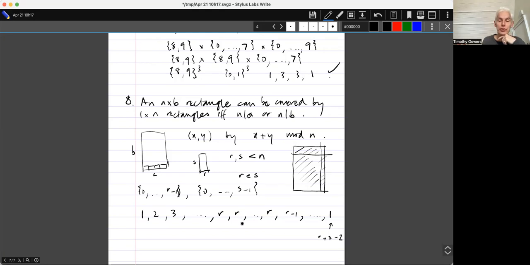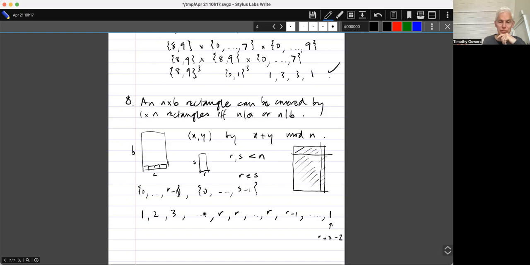And when we reduce mod n, we're going to take a chunk of this sequence and add it to an earlier chunk. The only way that we're going to get a constant function is if r minus 1 down to 1 lines up with 1 up to r minus 1.